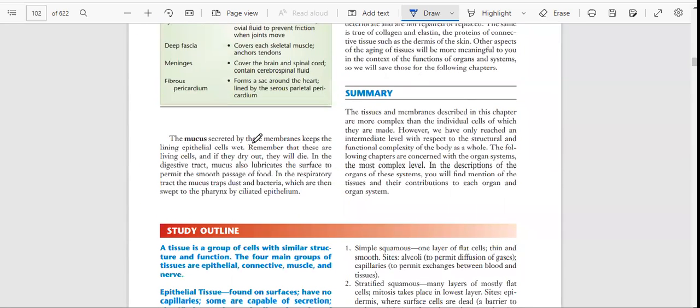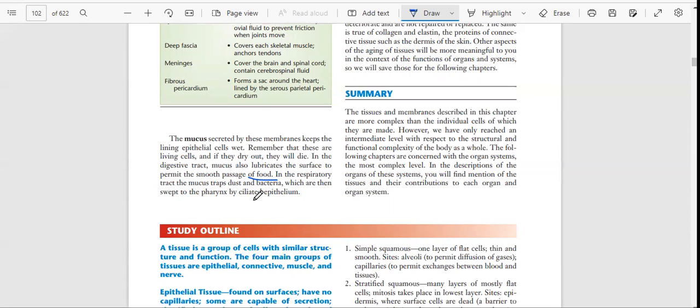The mucus secreted by this membrane keeps the lining epithelial cells wet. So what do they do? They wet the lining of the tract. Remember that these are living cells, and if they dry out, they will die. In the digestive tract, mucus also lubricates the surface for the smooth passage of food. In the respiratory tract, the mucus traps dust and bacteria, which are swept to the pharynx by ciliated epithelium. So why are they there?